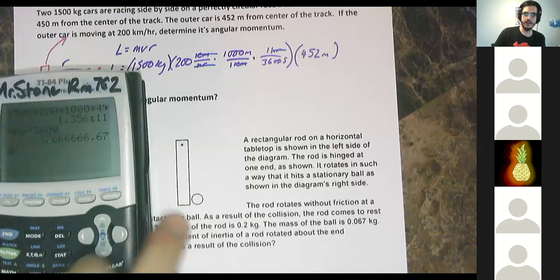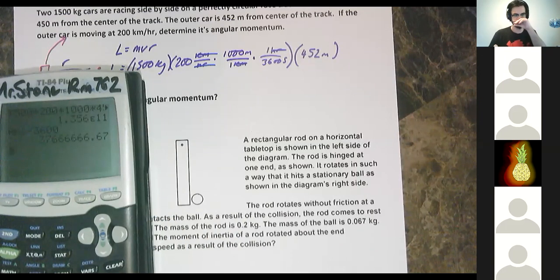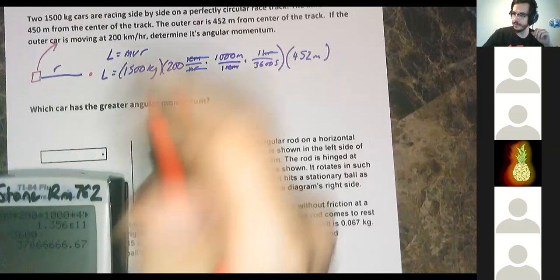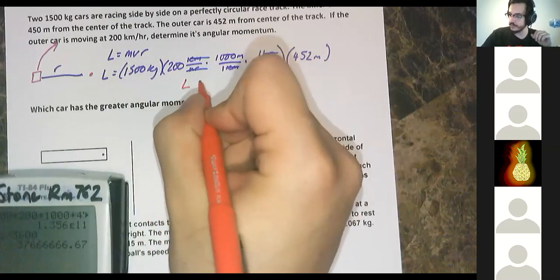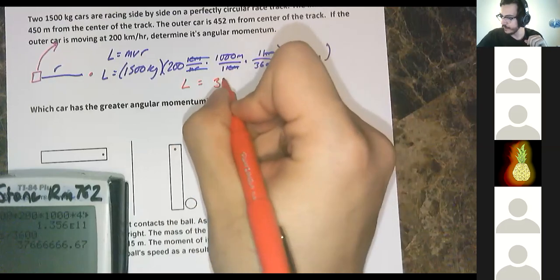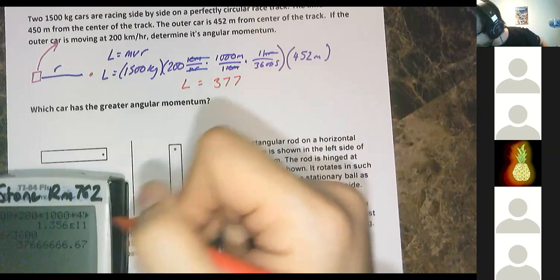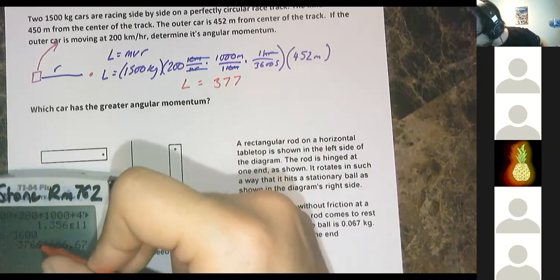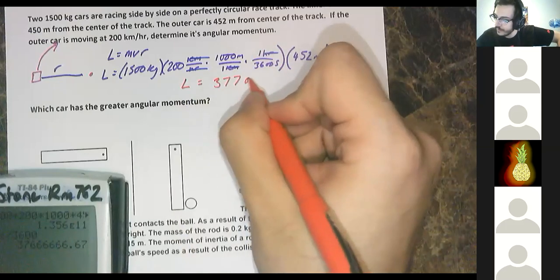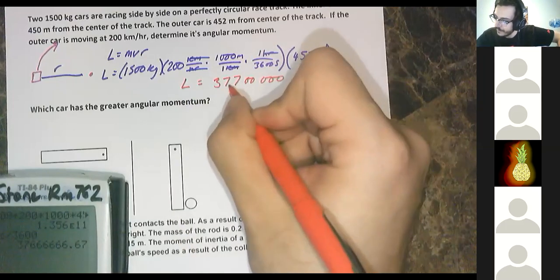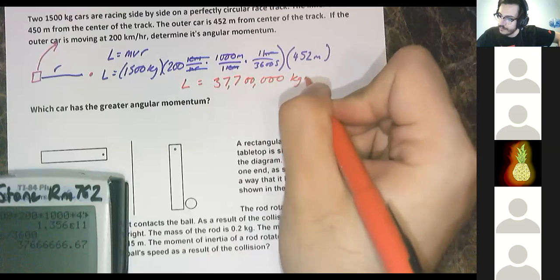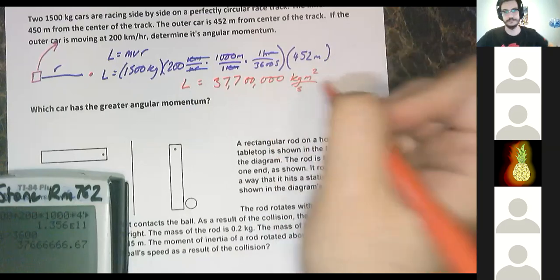So having a large amount of momentum is not surprising. Our angular momentum shall be, I'm going to round it to 377 followed by 5 zeros, kilogram meters squared per second.